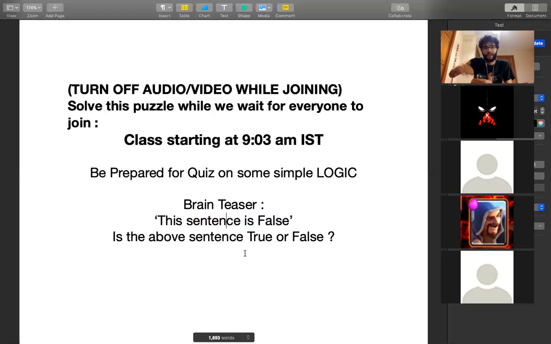So then it gets into a never-ending loop. So we can never actually conclude whether it's actually true or false. So it's called an invalid statement. It's not valid, and it's logically incorrect. And the reason that it's logically incorrect is because it is using the definition of itself inside itself. Because it is talking about a sentence being false while it itself is a sentence.